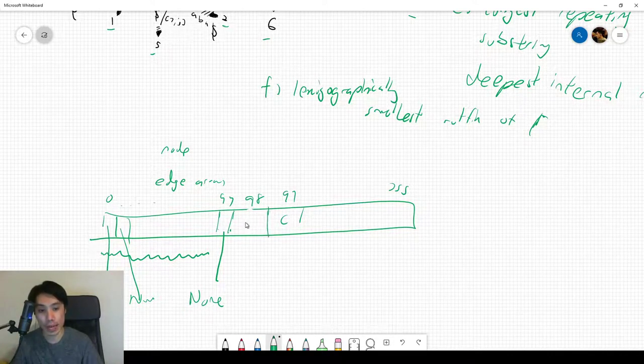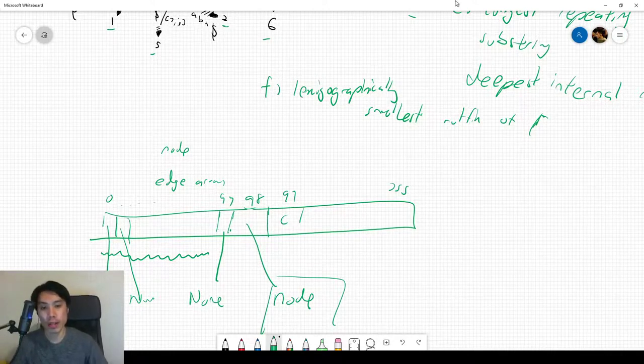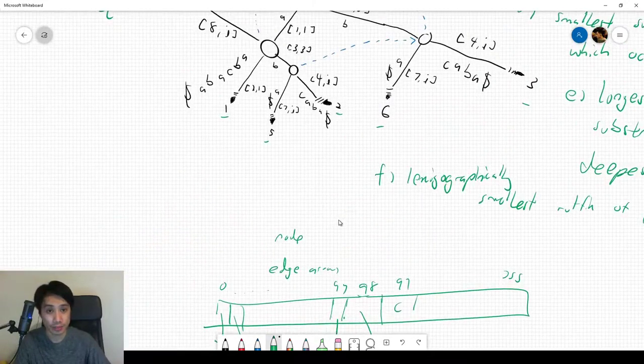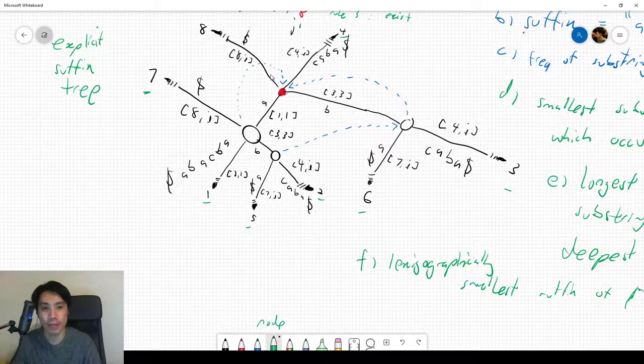Because alphabet B exists at position number 98, it will be another node. So you're going to strive always to prioritize the leftmost position of your array. So if I begin from here, what is my leftmost? I got dollar, A, B, and C, and dollar you ignore. My leftmost is going to be A.